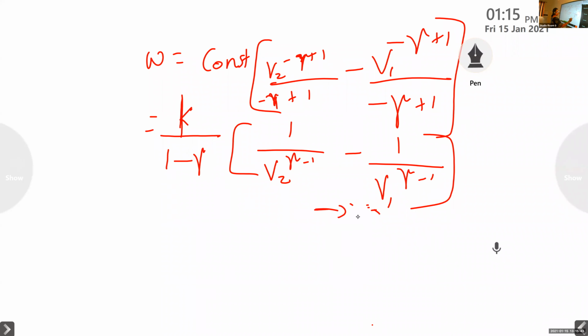So that is equation 5. Have all of you completed up to here? Yes, ma'am. Okay. Now we are going back to our previous equation. Do you remember equation number 1?